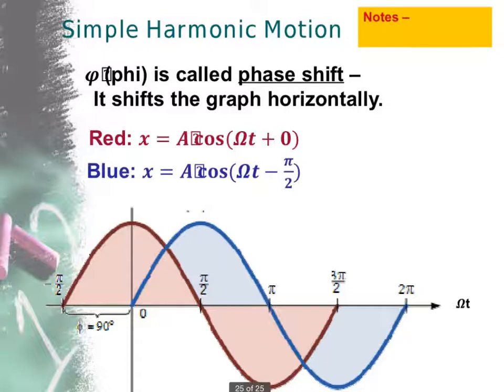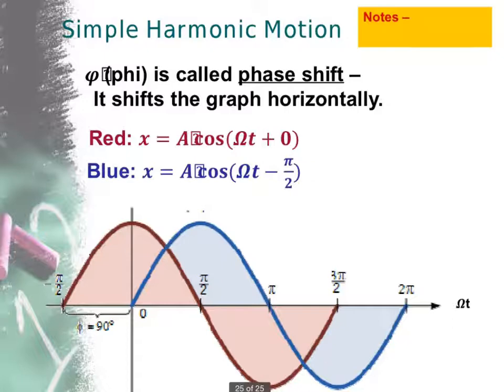All that a phase shift does is shift your graph of displacement versus time. Time is along this axis, and displacement is along this axis. All it does is shift this graph horizontally along the time axis.